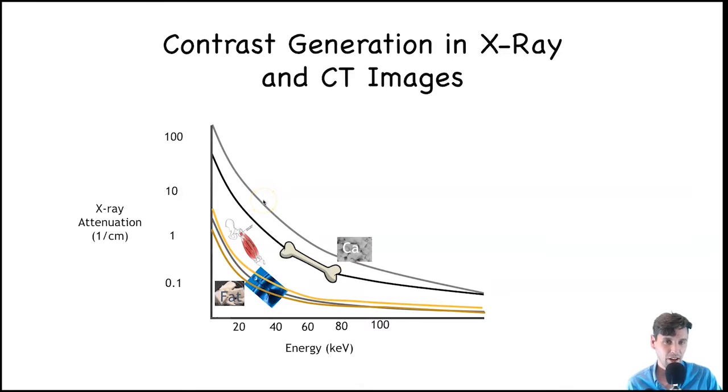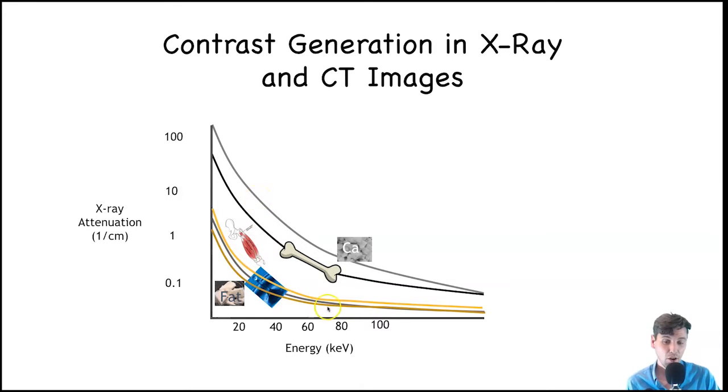And we talked about that in other lectures as well, that if you can get enough flux through the patient, in general you'll have more contrast at the lower energies. And that's especially true for things like bone or calcium.